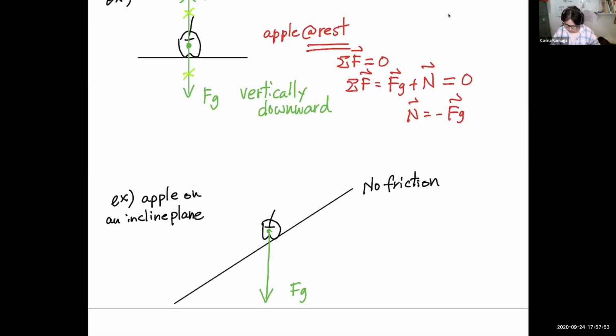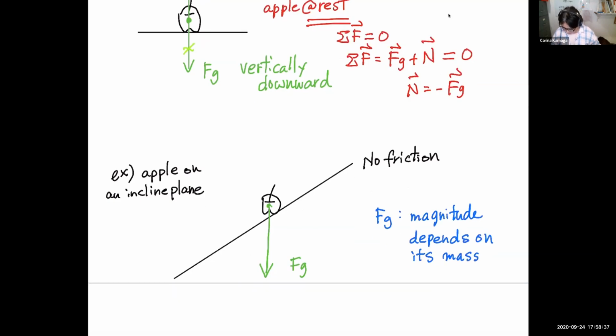Let me write that down. The magnitude of the gravitational force depends on, I shouldn't say only depends on, because if we're not near the surface of the earth you might see things differently, but near the surface of the earth it depends on its mass and the gravitational acceleration.